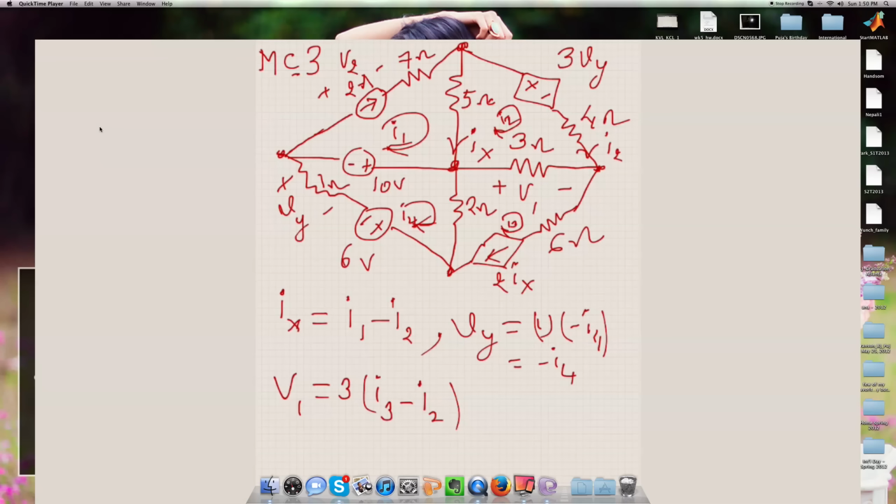What else is happening? I sub 3 is the same as 2Ix. So I sub 3 is 2 times Ix. And since I sub x is I1 minus I2, we can plug that expression in, resulting in what now? 2I1 minus 2I2.